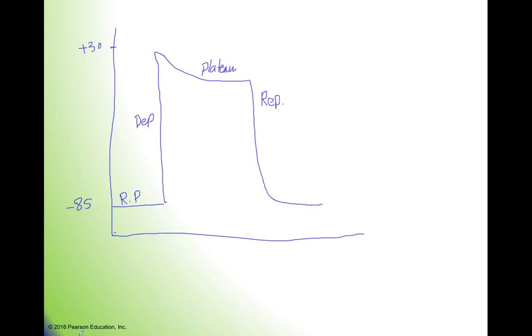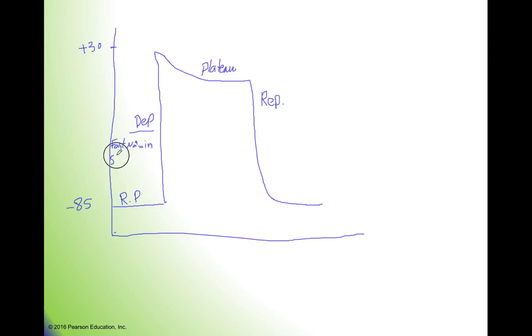Let's take a look at what is happening at each of the steps and what ion movement creates these components. Depolarization happens by movement of 2 main ions. One is called fast sodium channels, and when they open up, sodium is going to move in.